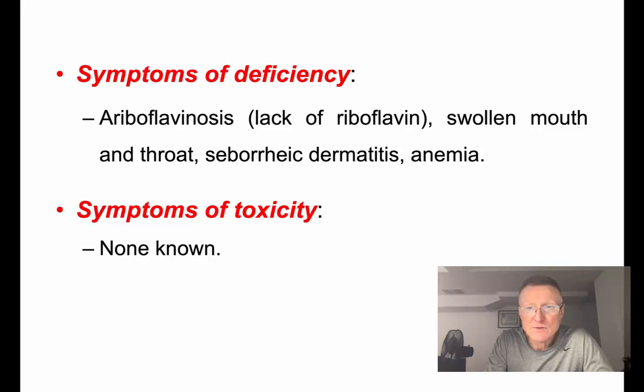This is again associated with fat and glucose metabolism, inability to really process them properly, and also because resynthesis of membranes and recycling of cells can also be affected. And in this case, it can also lead to anemia. Toxicity, none known. So there are no reported symptoms of toxicity with riboflavin.